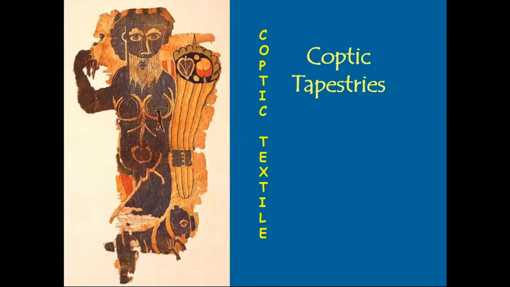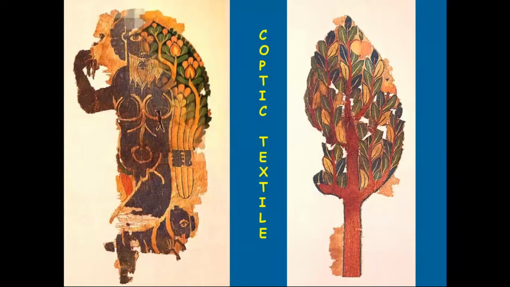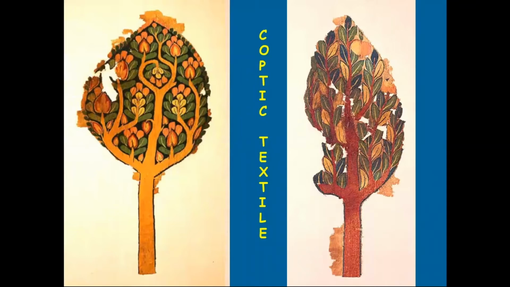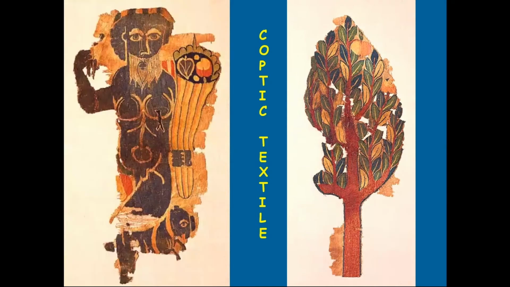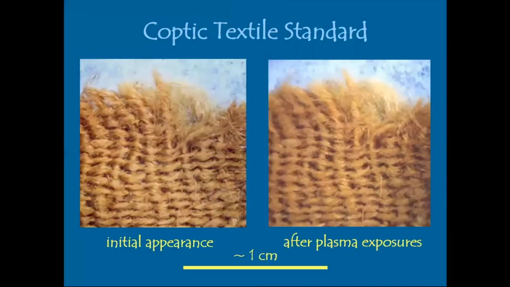One of the standards is a Coptic textile, which on the left is shown one of them, not necessarily the one we studied. Here are two other examples. Coptic textiles are mostly from Egypt, and they're usually 1,000 to 2,000 years old, something roughly like that.